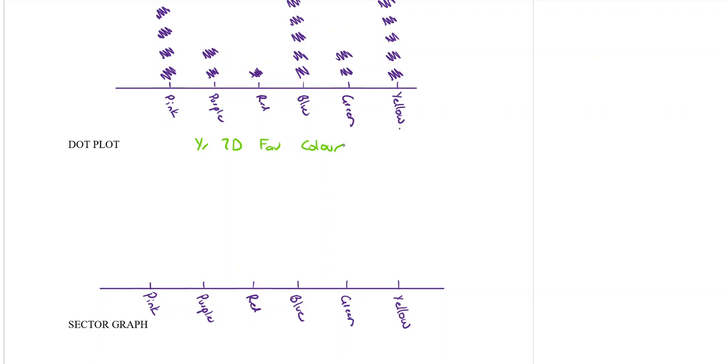Try and keep them evenly spaced. Try and keep it all nice and even so that everything's all in line.